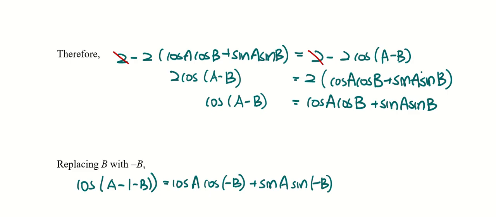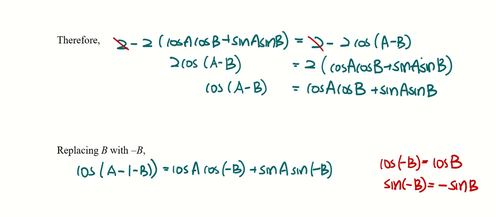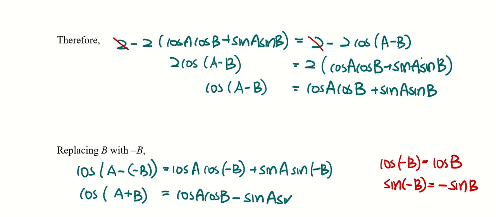Once again, negative angles: cosine negative B is actually equal to cosine B, and sine negative B is equal to negative sine B. So therefore, at the end of the day, your cosine of A plus B, some people might not know, this is a bracket, equals cos A cos B minus sine A sine B. So there you go.